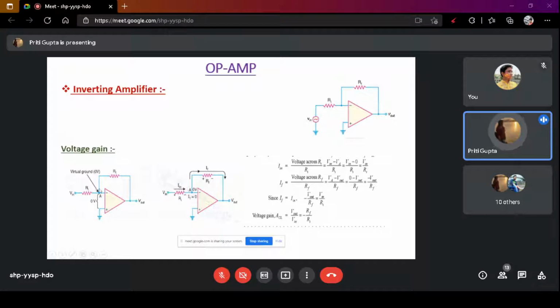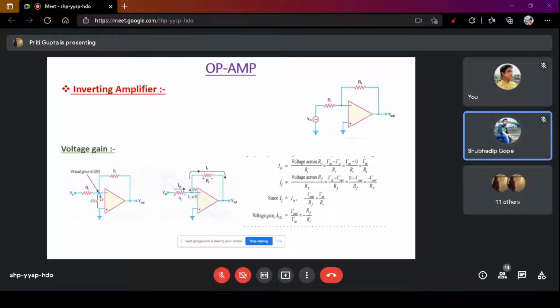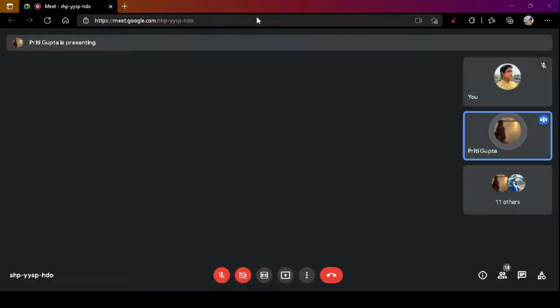If I is zero, the voltage over here will also be zero, I mean at point A. Got it? Now we will calculate the voltage gain.